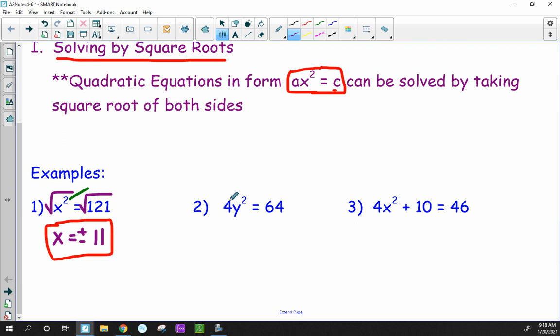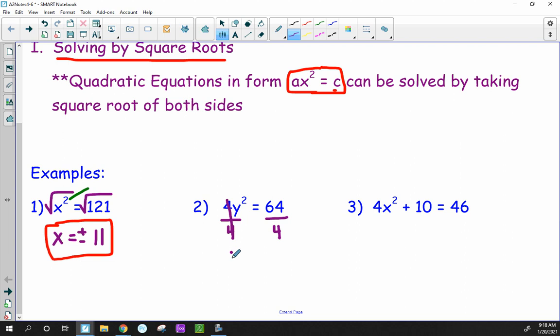The a is 4. And so anytime you're solving a quadratic equation using a square root method, it's always best to get the variable by itself first before you do the square root. So you're going to notice that 4 is being multiplied by y squared. You're going to do the opposite of multiply, so you're going to have to show this step first. Please keep this in mind because this is a common mistake.